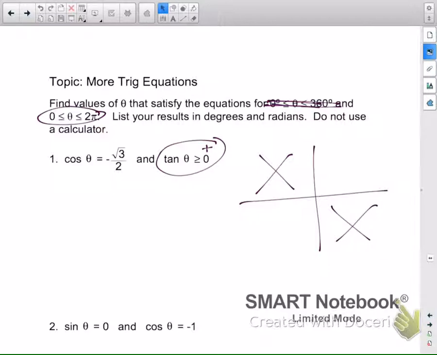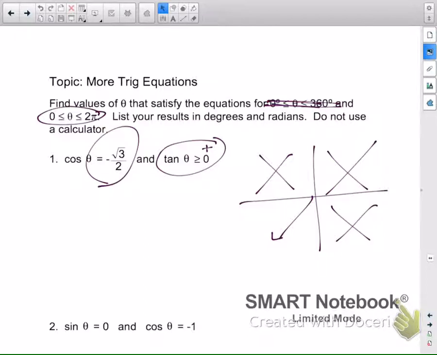Now let's further narrow this down. What kind of number is cosine here? It's a negative, which eliminates one more quadrant. Which one? 1. Okay, so I need to figure out where cosine is negative root 3 over 2 only in the third quadrant. The tangent took out the first 2. The cosine being negative took out quadrant 1. Therefore, we're only in quadrant 3.